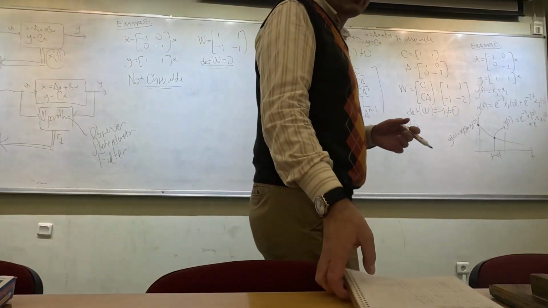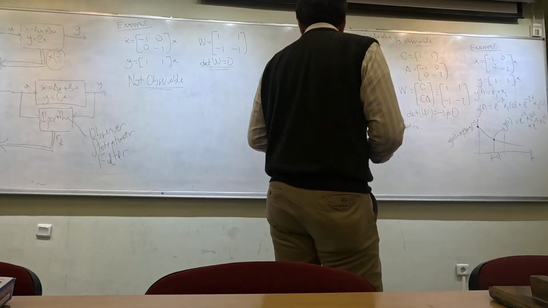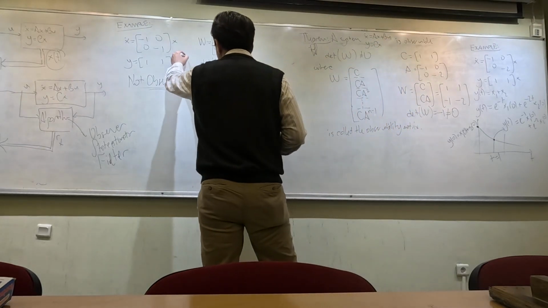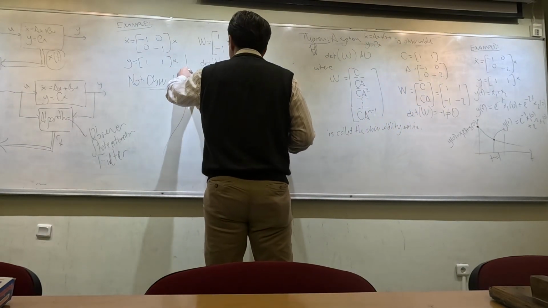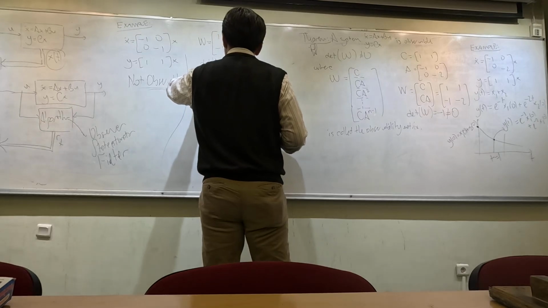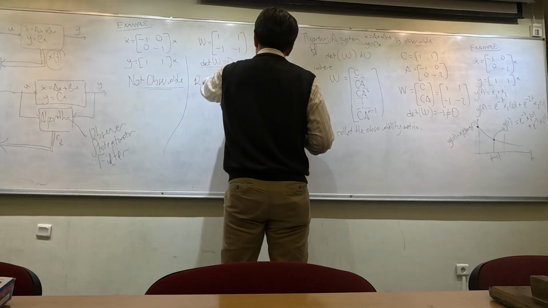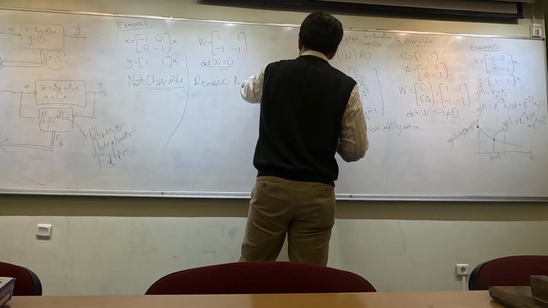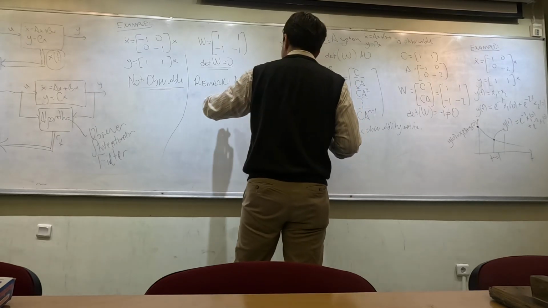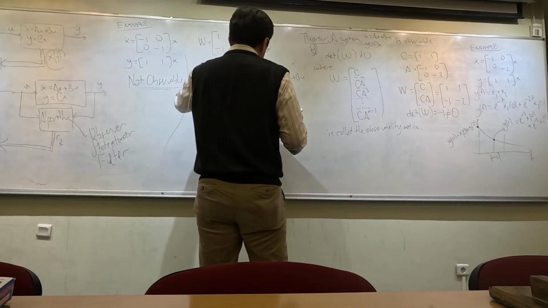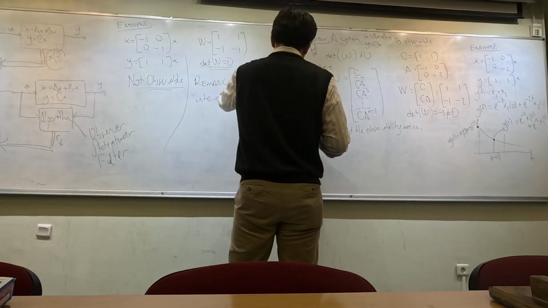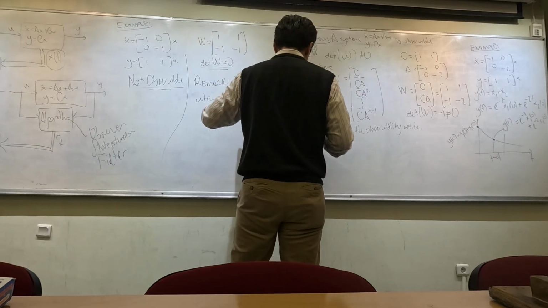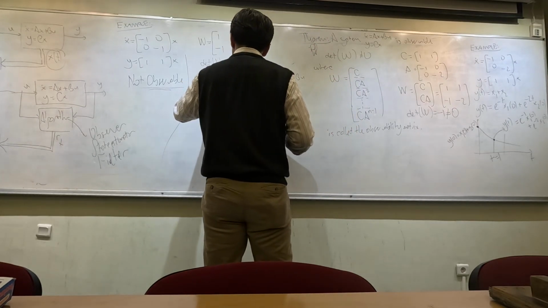And now we're going to see that a system in observable canonical form is always observable. Let us write a remark. A system x dot is equal to Ax plus Bu, y is equal to Cx, where A and C are in observable canonical form, is always observable.